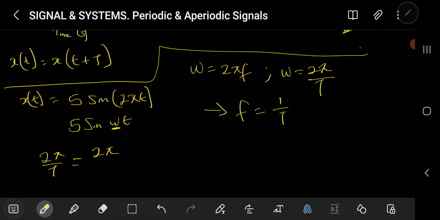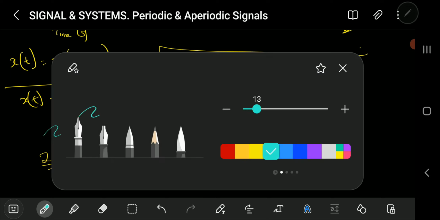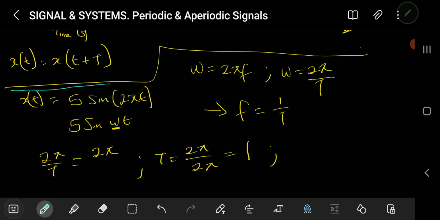Making T the subject, T equals 2 pi over 2 pi, which equals 1. So for this question, the period of the signal is 1.